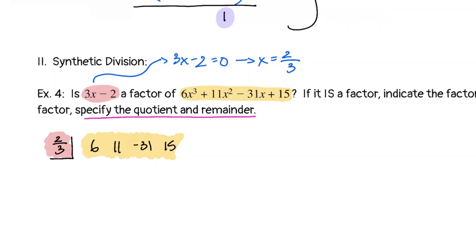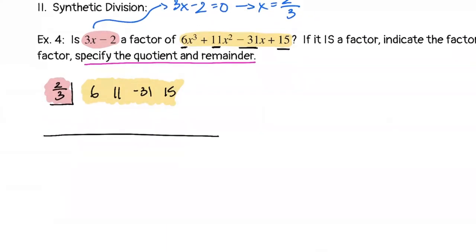In fact, we might say that these are the coefficients of our dividend. We're going to skip a line and then we're going to draw a line. Okay. So if you have a lined piece of paper, you're going to skip a line, then you're going to draw a line.